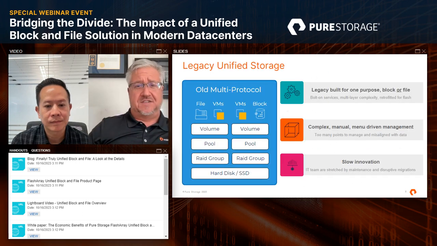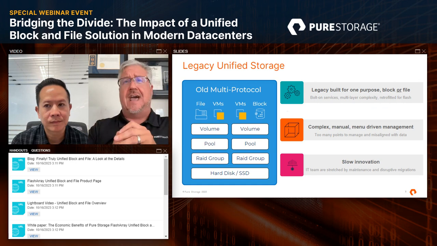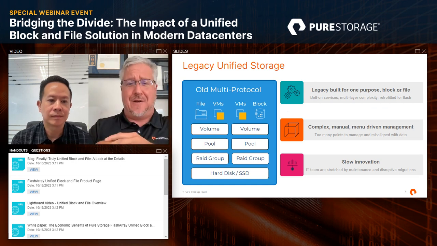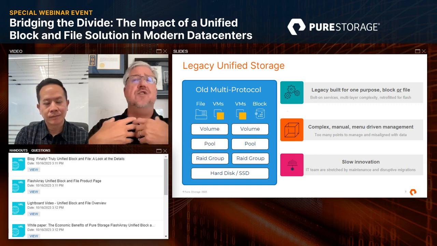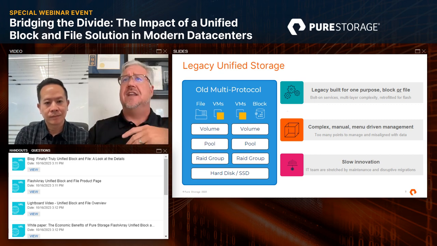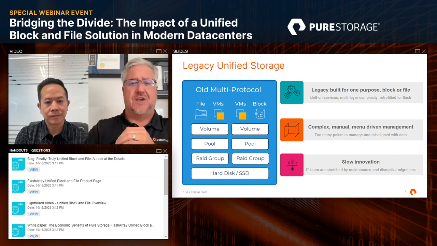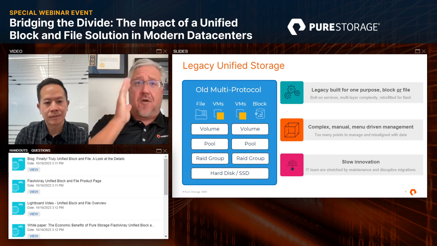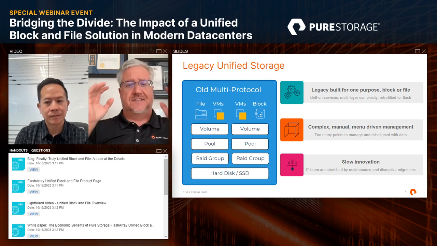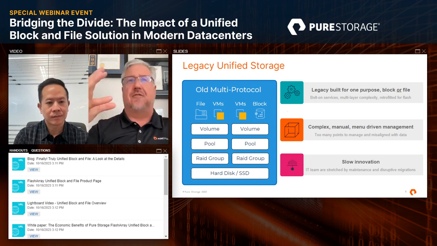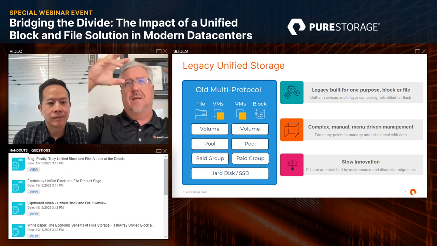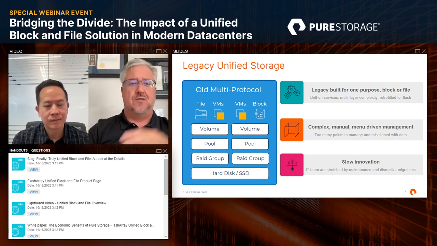So looking at legacy storage, as it relates to how it's managed and what it looks like in the environment, this blue box is a really good example of the things that you would normally do in a legacy environment if you needed to provision block and file protocol-based workloads next to each other. You'd start at the very basics, which is put your hard disks into certain groups. You'd set the RAID type for that group. You'd add it to a pool if you needed to aggregate the groups into a bigger amount of storage that you wanted to present to the volume.